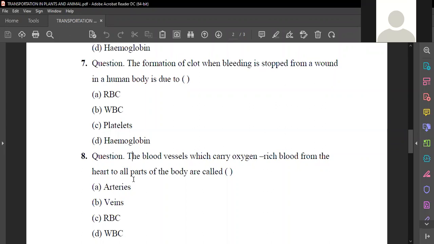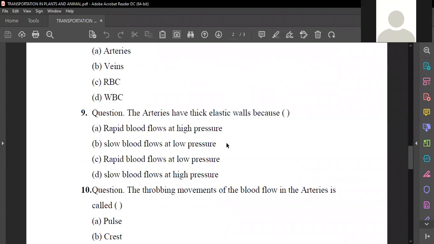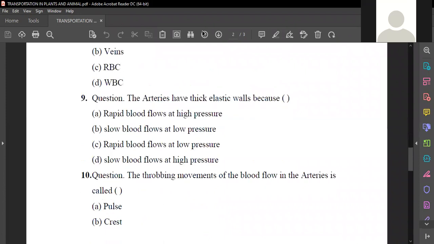What about the seventh one? Sir, platelets. The formation of a clot when bleeding is stopped from a wound in the human body is due to platelets. Yes, sir, platelets.